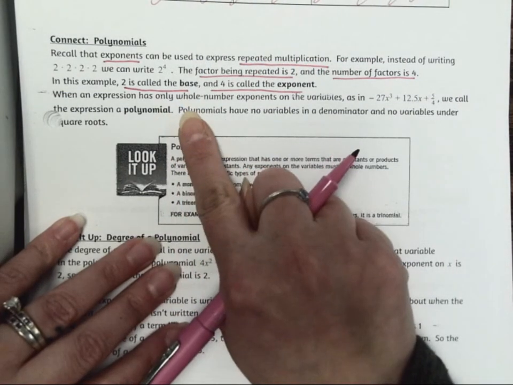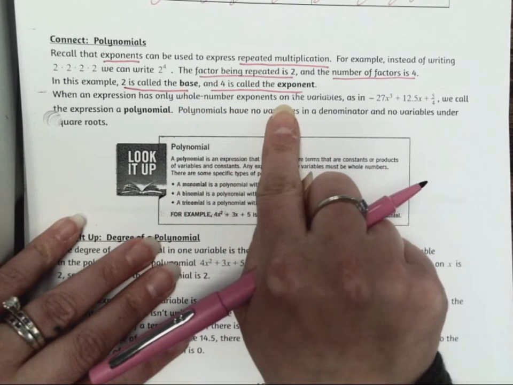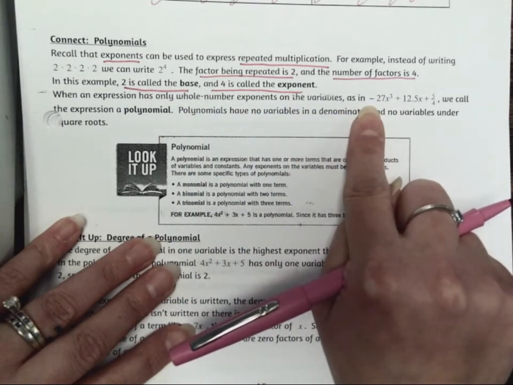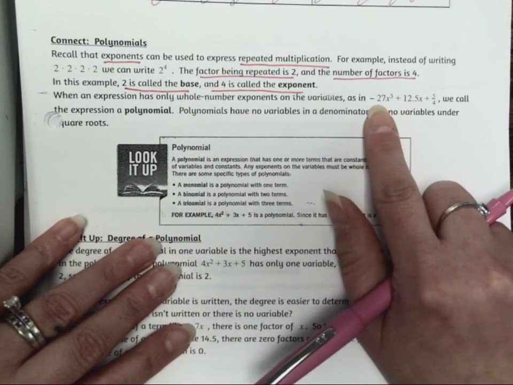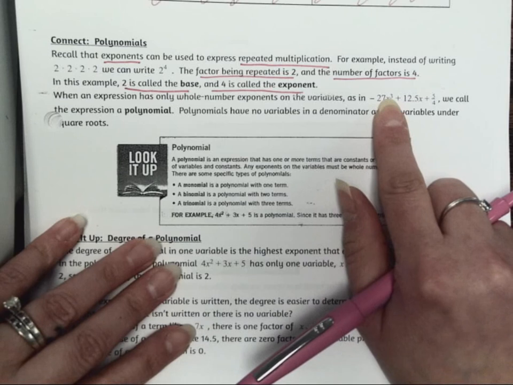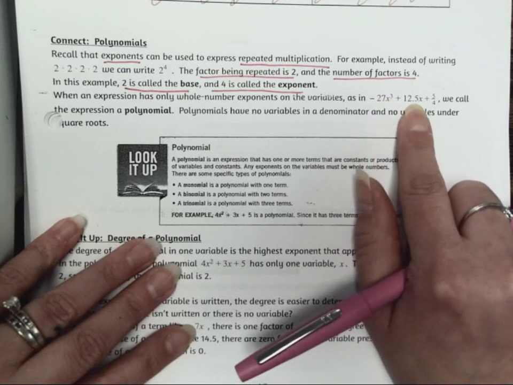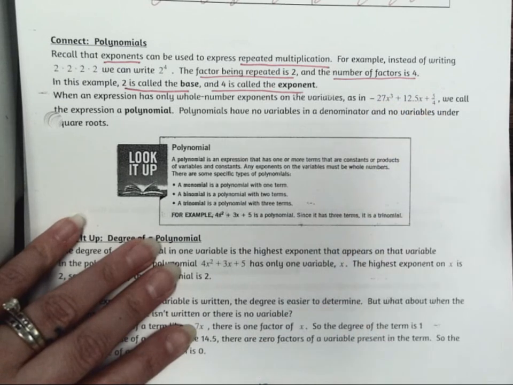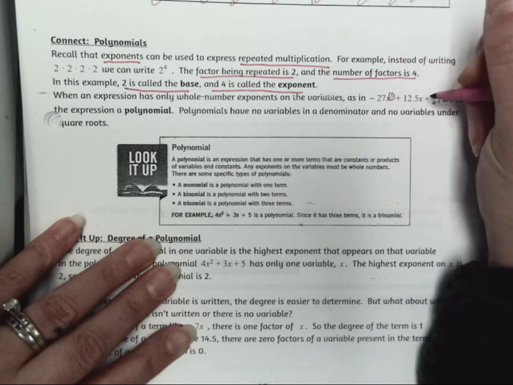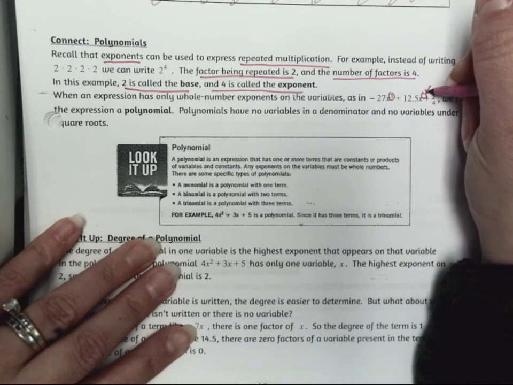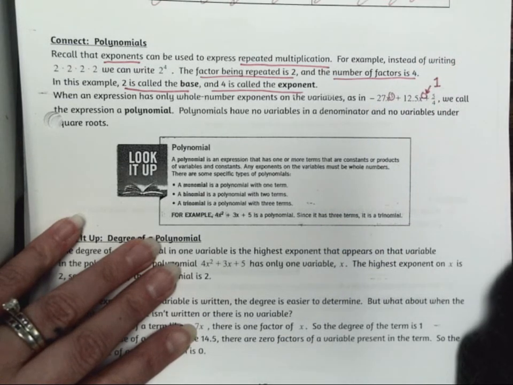So when an expression has only a whole number exponent on the variables, just like this one, where we have negative 27x to the third plus 12.5x plus 5 over 4, so the exponents are just whole numbers. If you don't see one, it's invisibly 1. We call this expression a polynomial.